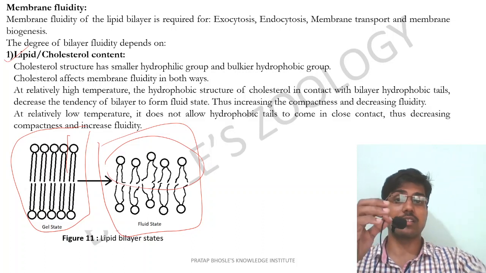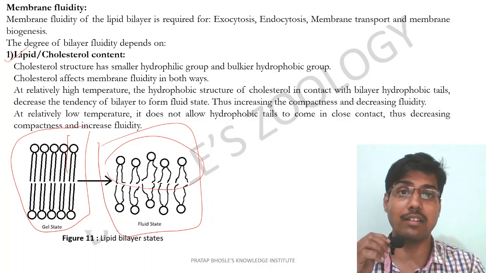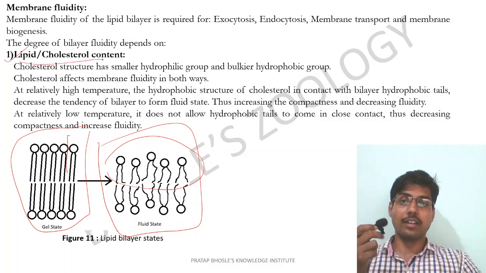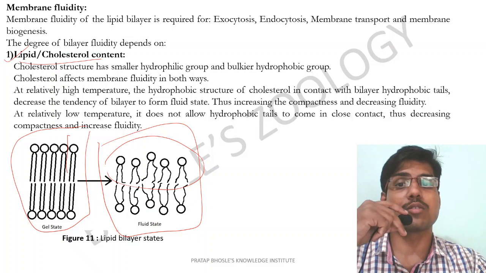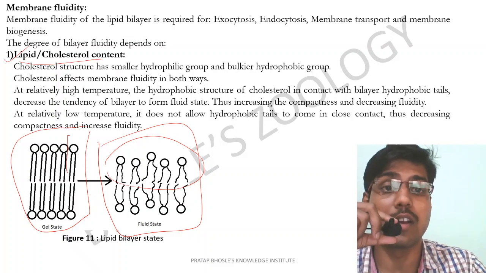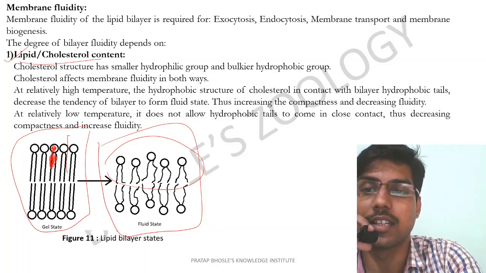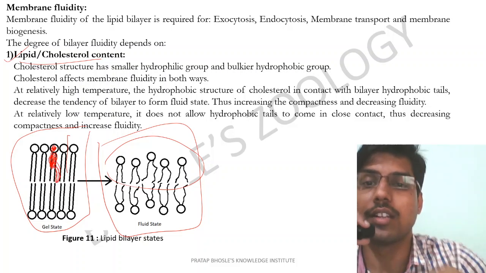So let's start with the first factor which is affecting this fluidity, that is the lipid content, the cholesterol content. So the cholesterol structure has a smaller hydrophilic group and a bulkier hydrophobic group, as we have already seen, है ना. ऐसा स्ट्रक्चर होता है कोलेस्ट्रॉल का, ठीक है. यहाँ पर एक हाइड्रोफिलिक ग्रुप होता है, यहाँ पर एक रिजिड स्ट्रक्चर होता है, बाद में हाइड्रोफोबिक टेल होता है, ठीक है.